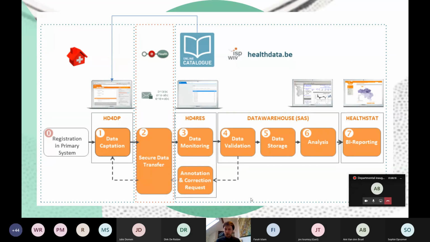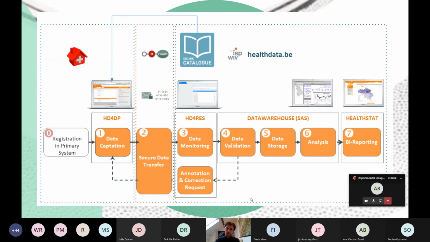And the idea of this infrastructure, and I'm going to go through it not that detailed, is that there is a primary system which collects data from routine healthcare, and this primary system has an additional system installed, which they call HD4DP, for data providers, and it captures the data that we want in our learning health system. So it captures, in essence, routinely collected health data.